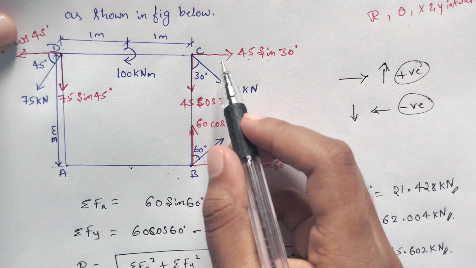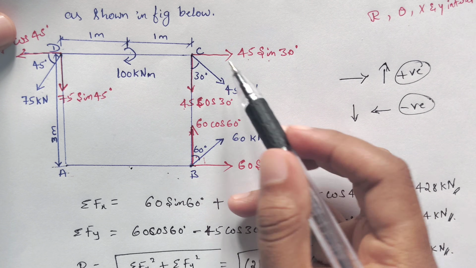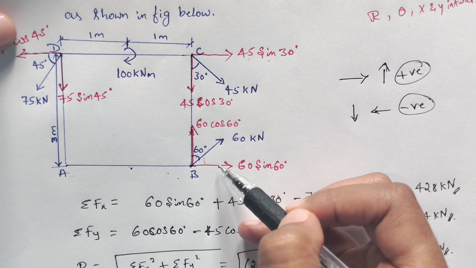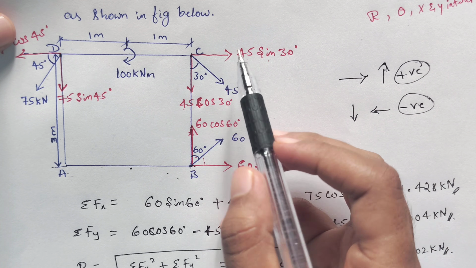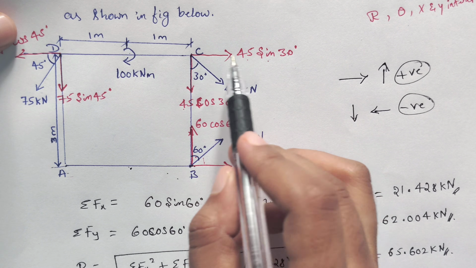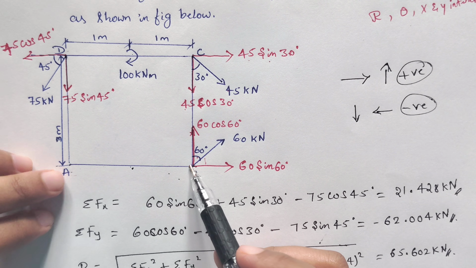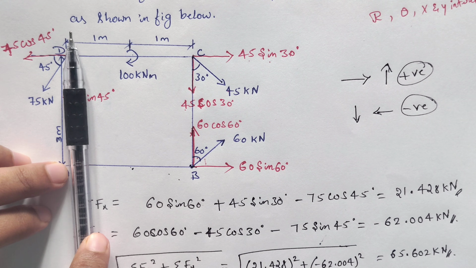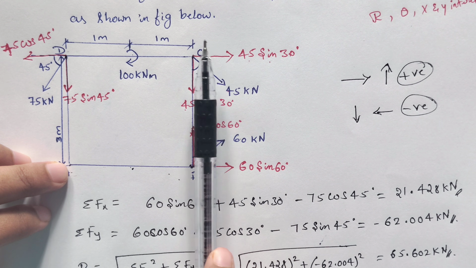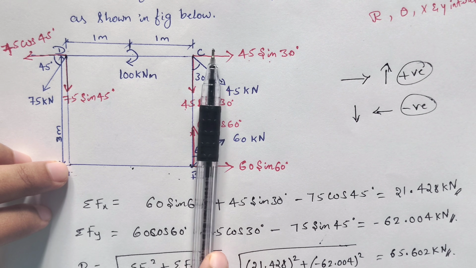And next, come to this force. This is moving towards A in which direction? Clockwise direction. This is the force and the perpendicular distance is this. Until A, you will have the same distance, correct? If this is the force, this will be the perpendicular distance.